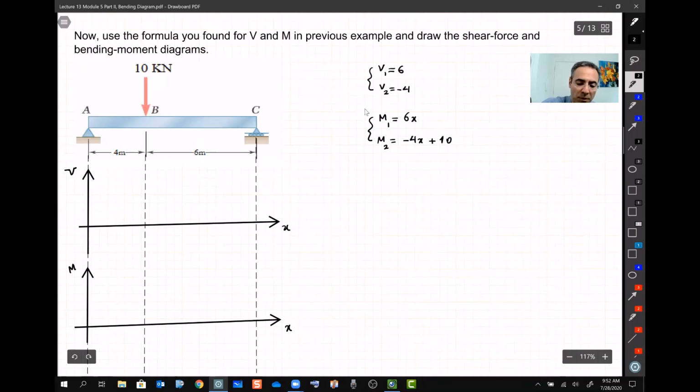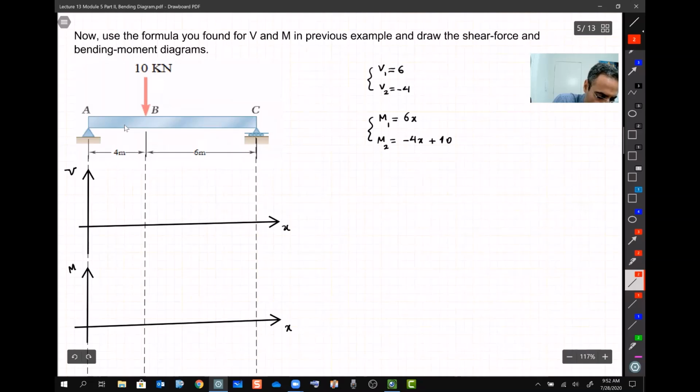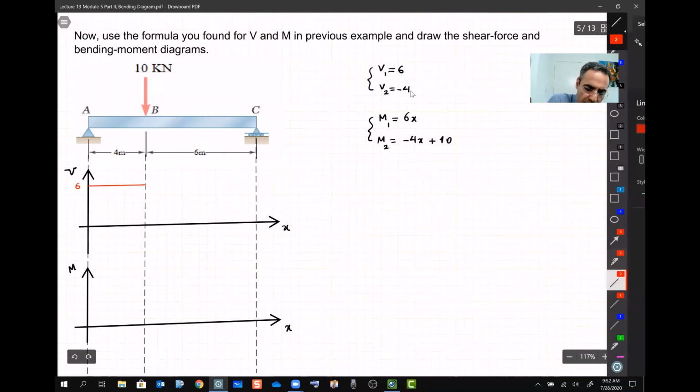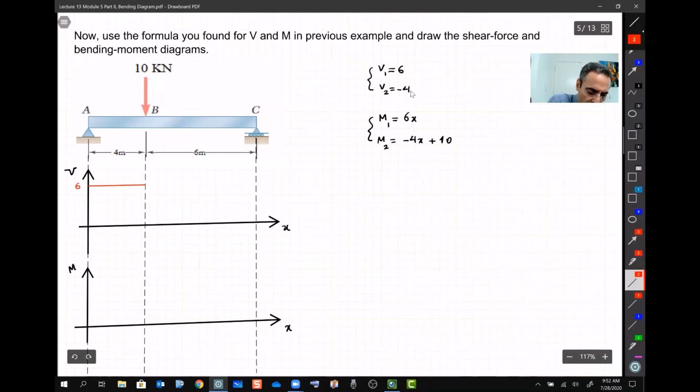V1 is easy. It's 6 and it is for section 1. So I just draw a line here, and let's say this is 6. And V2 is just a constant number, -4, and I draw -4 here.